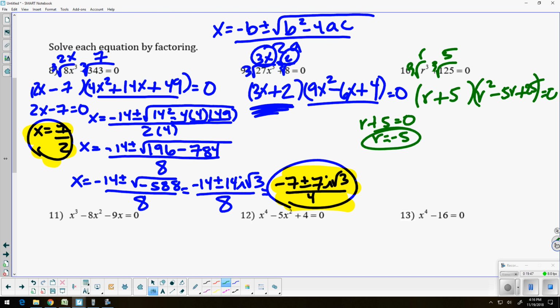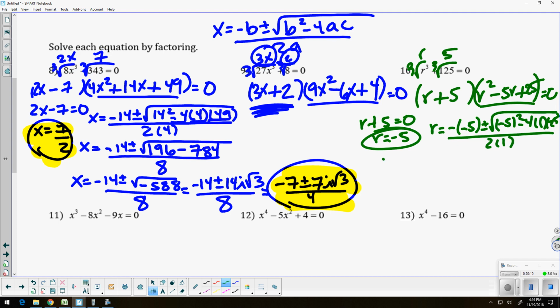Now use the quadratic formula. So for the quadratic, r squared minus 5r plus 25, we would have r is equal to negative b, so negative negative 5, plus and minus the square root of b squared minus 4 times a times c, that's 25, all over 2 times a. Now start simplifying.